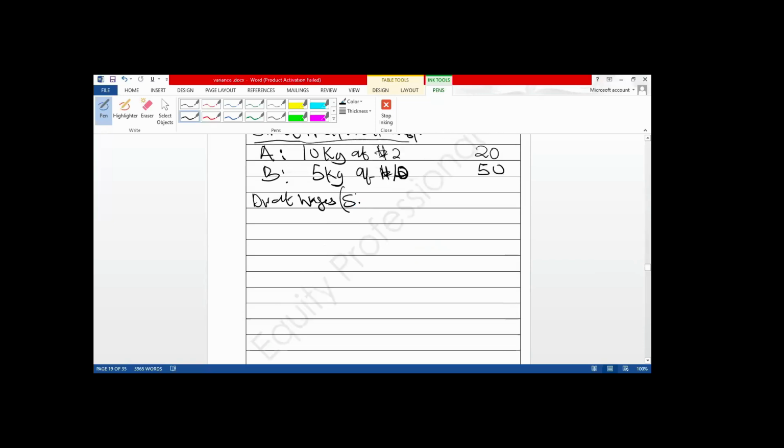Five hours at 6 naira per hour will give me 30 naira. Examiner says fixed production overhead is 200% of direct wages.